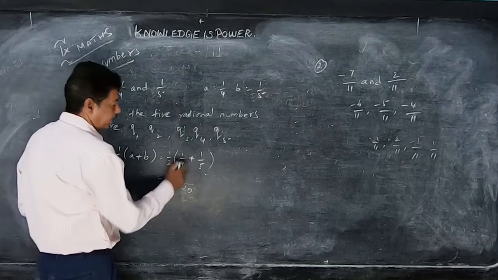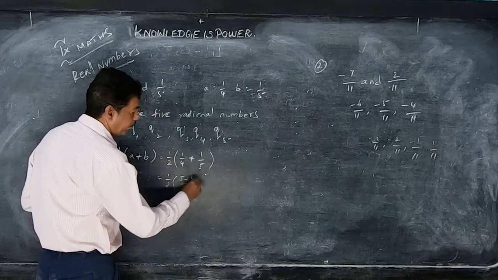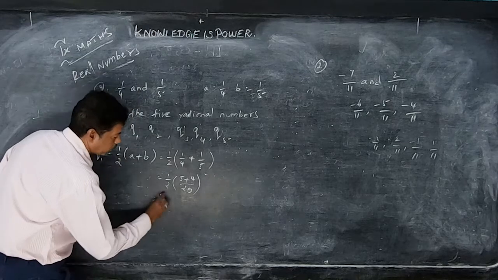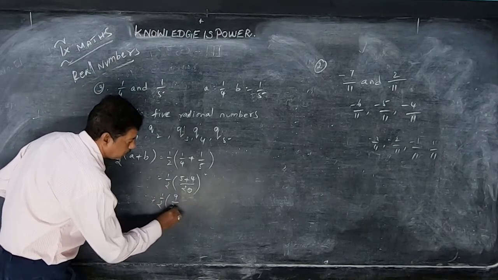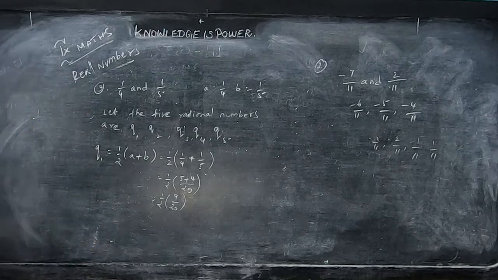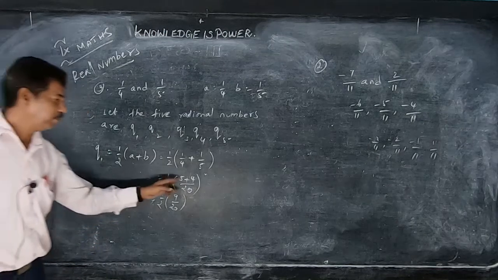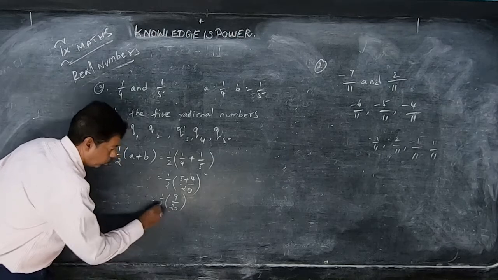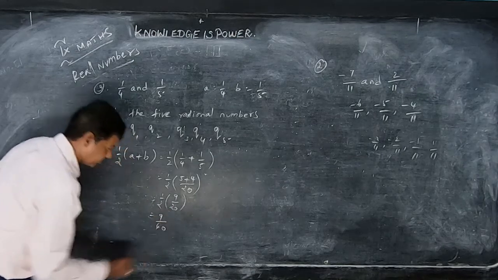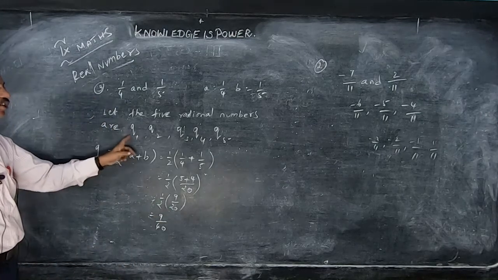Now cross multiply: here will be 5, here will be 4. So equal to 1 by 2 into 9 by 20, since 5 plus 4 is 9. Now multiply: 1 into 9 is 9, 2 into 20 is 40. This is the first rational number.